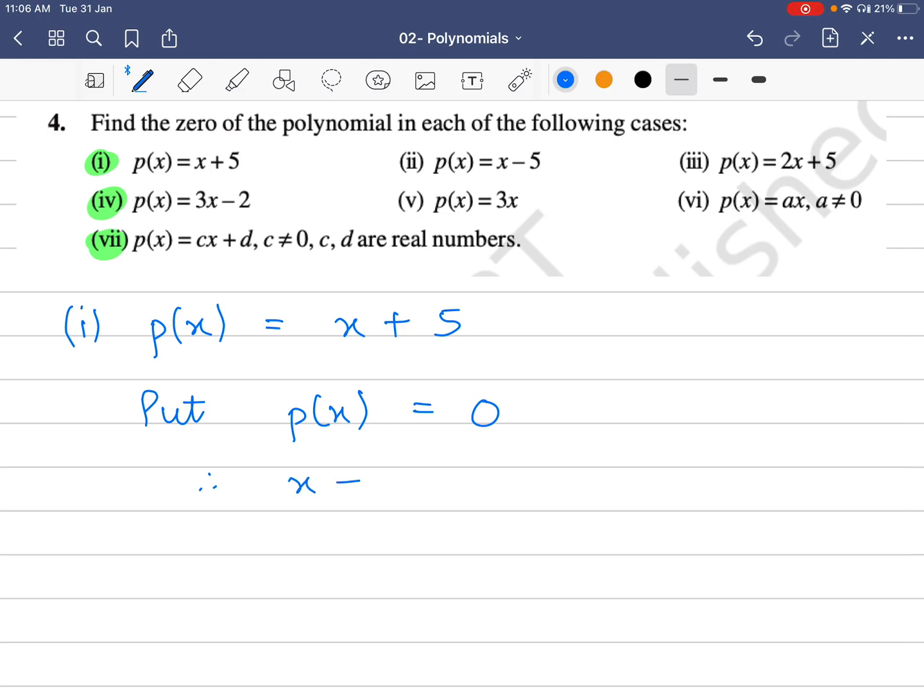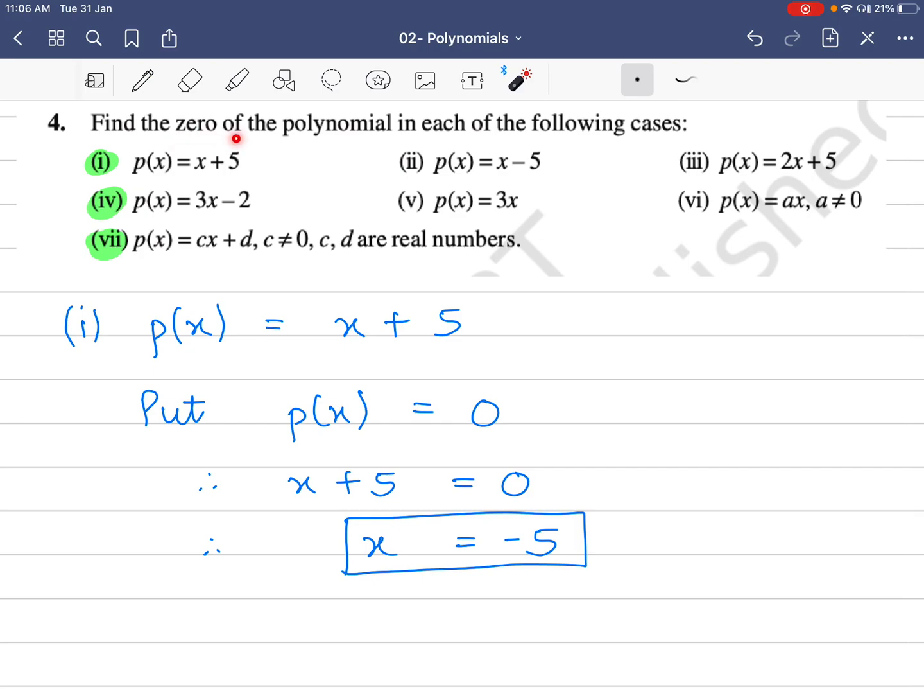Therefore, x plus 5 equal to 0, and therefore x will be equal to minus 5. So x equal to minus 5 is the zero of the first polynomial. So I'm going to write that answer here. For the first one, it is x equal to minus 5.